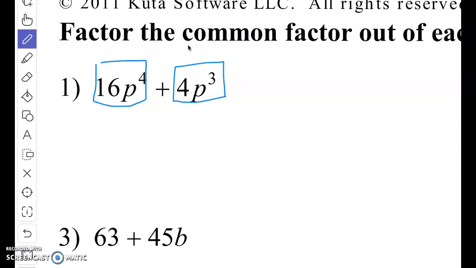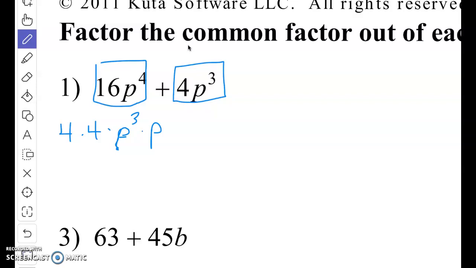Now, if I look at the first section here with the 16p to the fourth, we could write it differently. We could write it as 4 times 4 because that gives you 16. And then we could also write it times p to the third times p, because p to the third times p gives you p to the fourth.